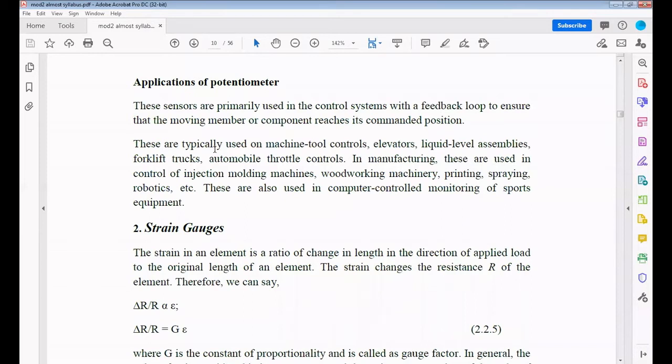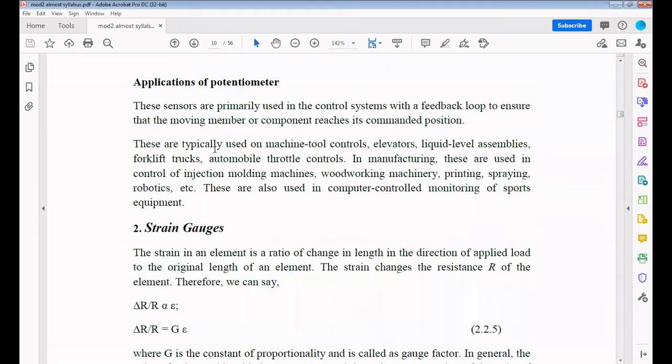These type of things we can find out by using this type of potentiometer. It completely indicates the position of the object, whatever the object may be, whether a vehicle or a liquid or an elevator or a machine or a rotatory body, we can find out the position of the object, position of the substance.